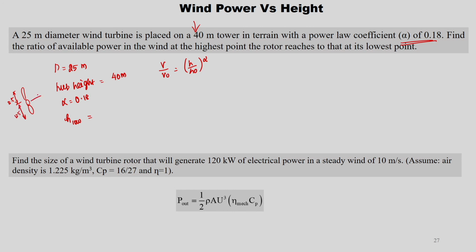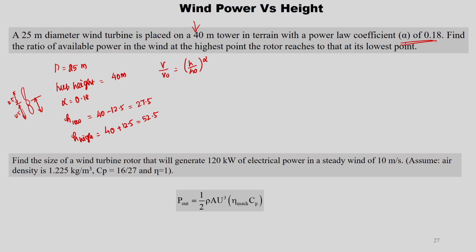This height is given as 40. So, the lowest height is 40 minus 12.5, because this part comes down, which is nothing but 27.5. The height at high is 40 plus 12.5, which is 52.5.